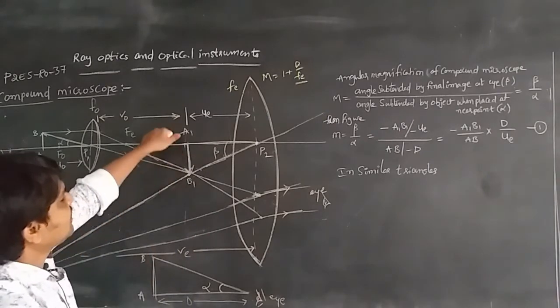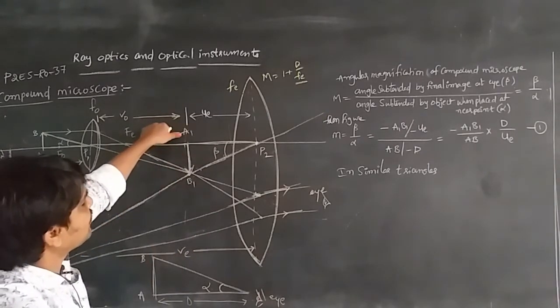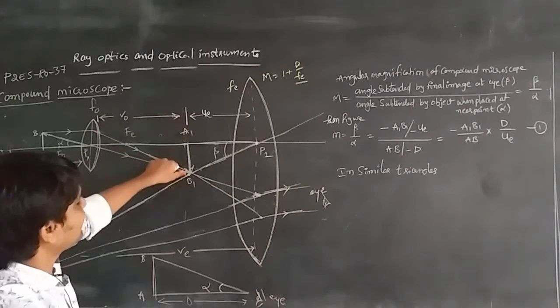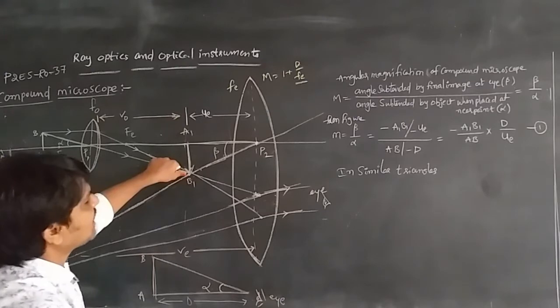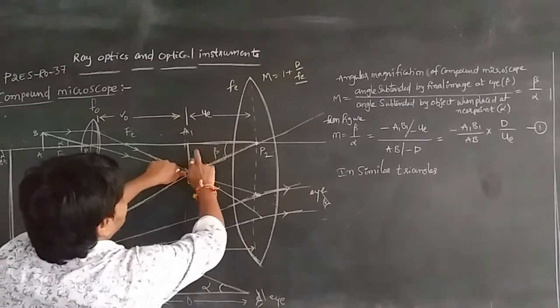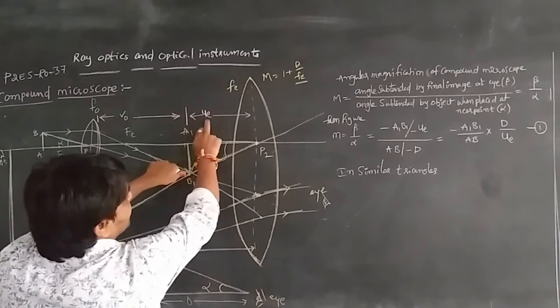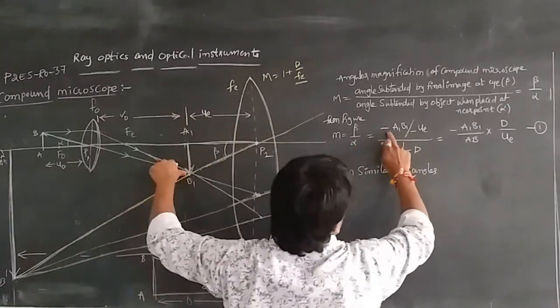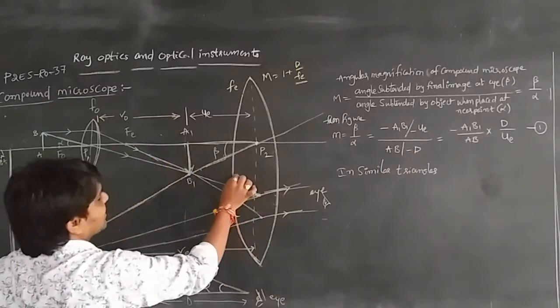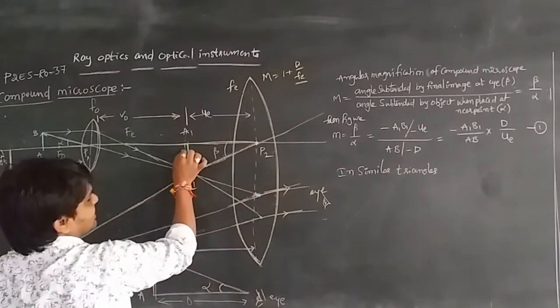So beta is opposite by adjacent. Opposite is A1 B1 and adjacent is the distance UE. Here we write minus A1 B1 and minus UE, because the direction of the incident ray is in this direction, but we are measuring the values in the opposite direction.